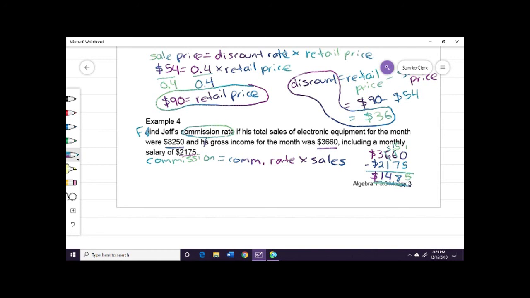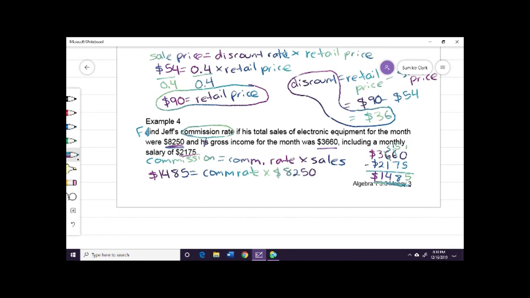Okay, so now we can plug this stuff in. So we're looking for his commission rate. We know his total sales and we know his commission amount. So let's plug this in. We get $1,485 equals his commission rate times sales, and his sales were $8,250.